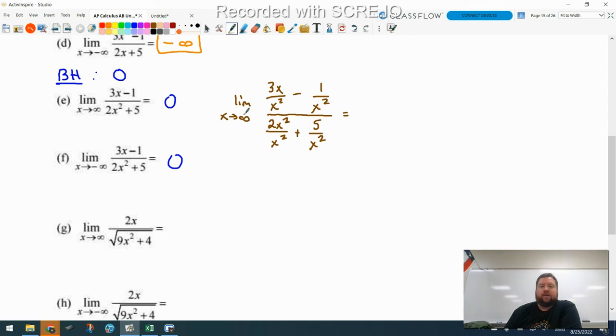This 1 over x squared is going to go to 0 because the denominator gets big while the numerator stays the same. This one you can simplify a bit: the x cancels with the squared, but you still have 3 divided by x. X gets really big, numerator stays the same, so that goes to 0. So I have a 0 on top. Down here, 5 over x squared goes to 0 as x gets really big.